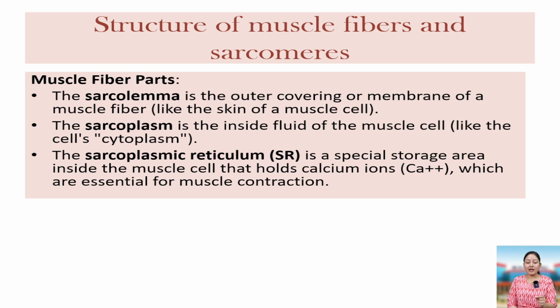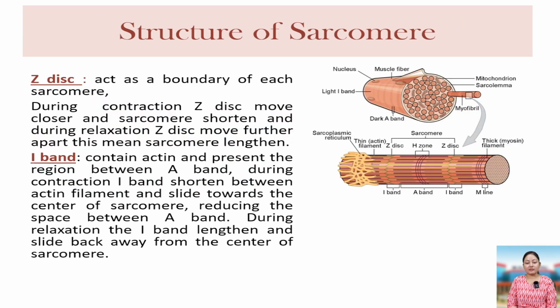It is the inside fluid of the muscle cell, like the cytoplasm. Next is the SR, the sarcoplasmic reticulum, a special storage area inside the cell that holds the calcium ions, which are very important and essential for muscle contraction.